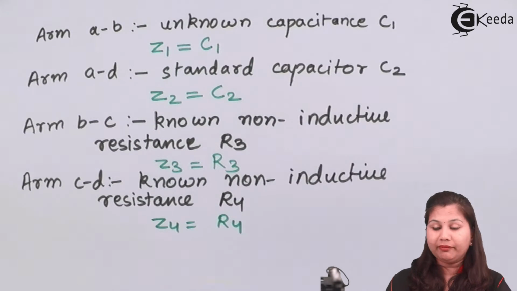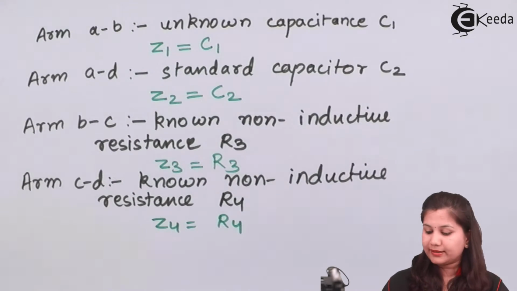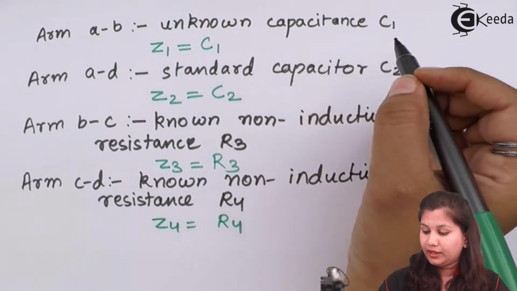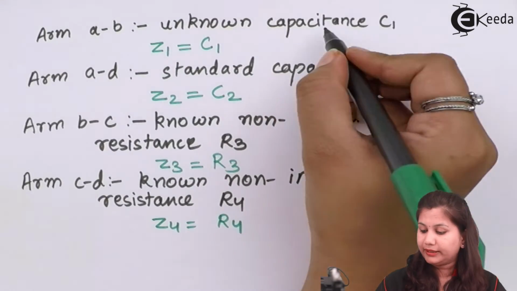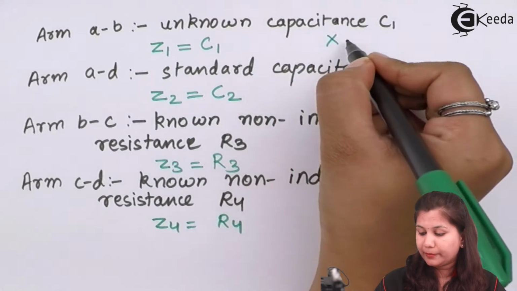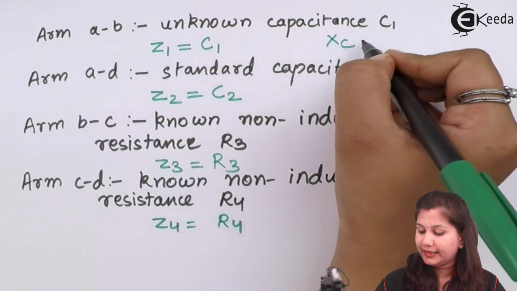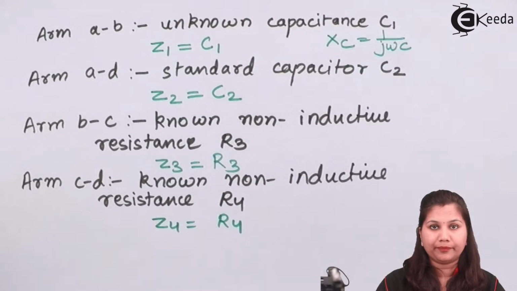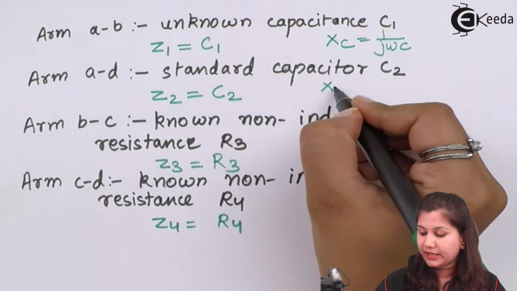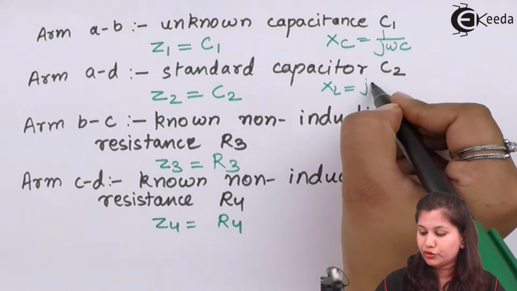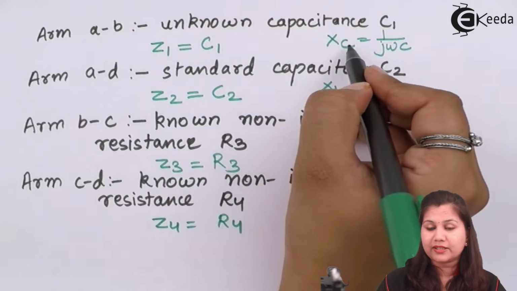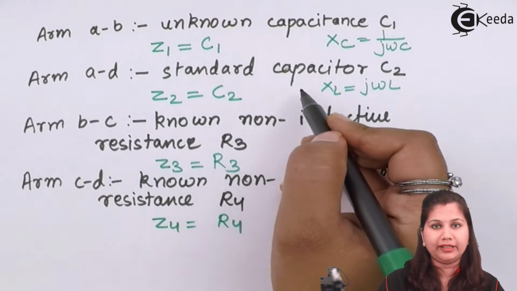So these are the values of the 4 impedances Z1, Z2, Z3 and Z4. Now when we are representing the impedance, a capacitor is represented as XC, and XC is equal to 1 upon j omega C. And an inductor is represented as j omega L. This is the capacitive reactance and this is the inductive reactance.